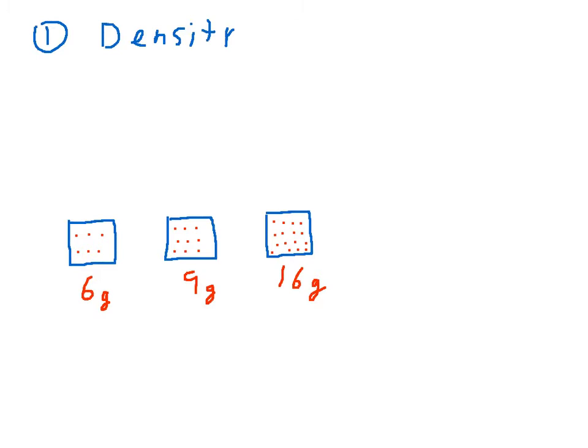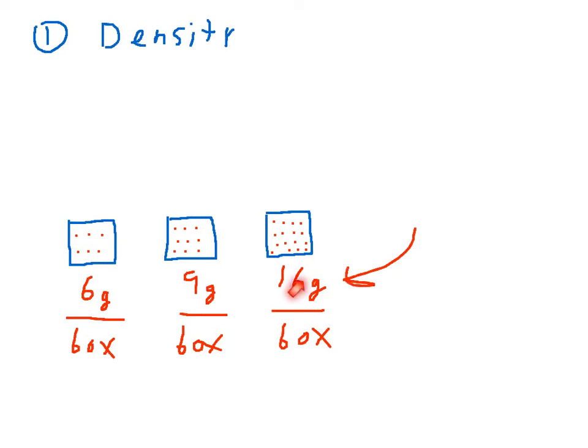So each of these would be 16 grams per whatever the size of this box is. Let's just call it, for the simple sake of illustration, per box. Because they're all the same size, we can compare their masses, and in this case, this is the most dense, this is the middle density, this is the least dense.